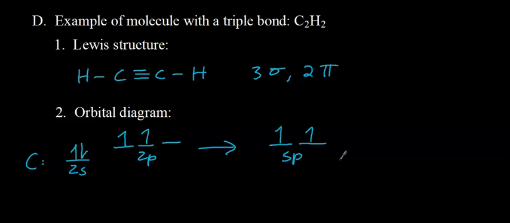Those are our unhybridized p orbitals. So again, we got 2 hybrid orbitals that carbon can use to form sigma bonds. Has 2 unhybridized p orbitals that are half filled with electrons, which can be used to make the pi bonds. Let's take a look at what that looks like.